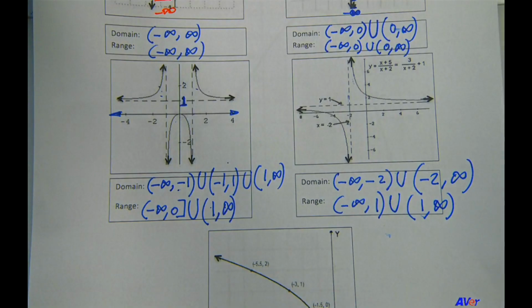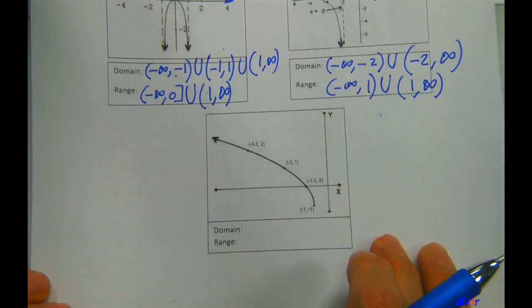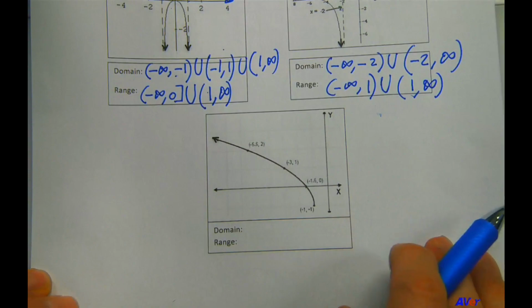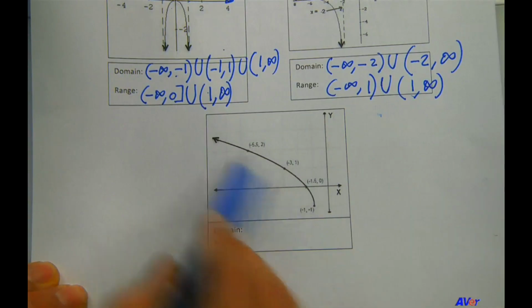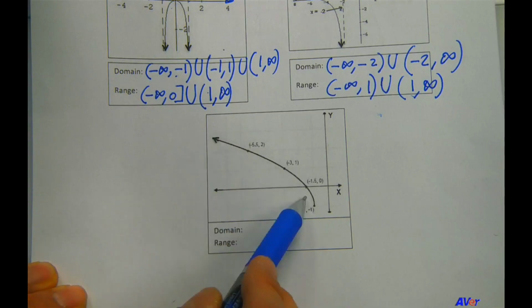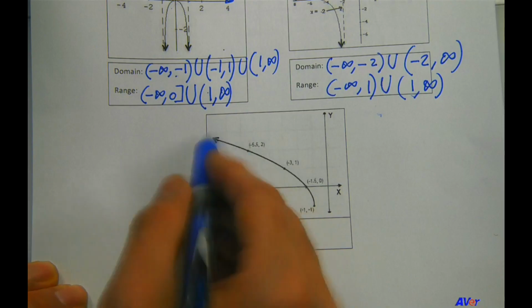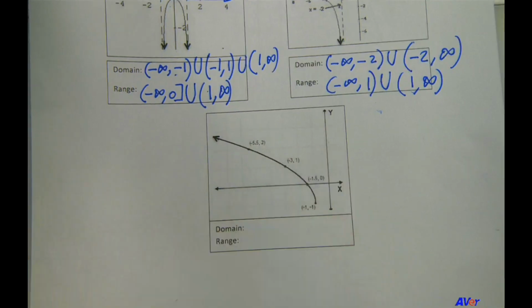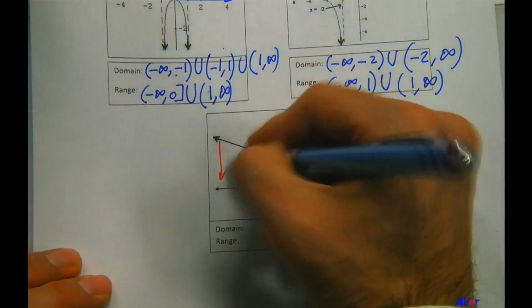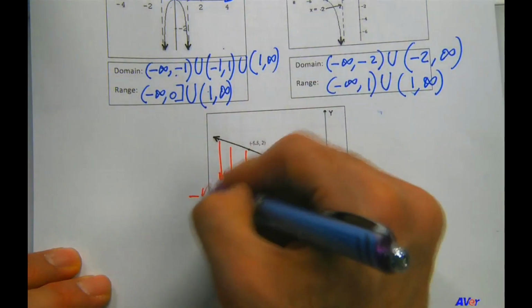Okay? All right. So this one on the bottom, for domain, we have to force our eyes to look at this behavior with respect to the x-axis. Well, what is it doing? What is this function doing with respect to the x-axis? Well, it's coming from -infinity, right? This is -infinity.